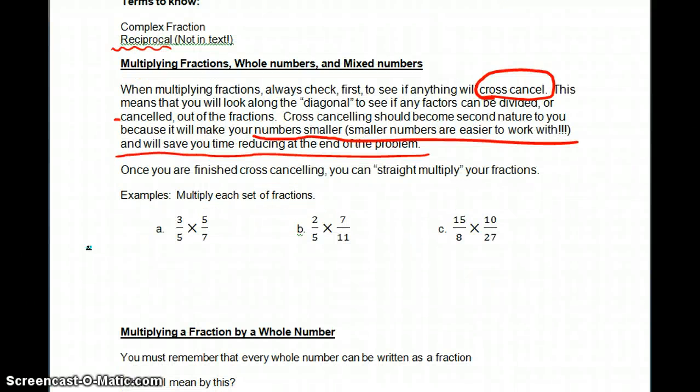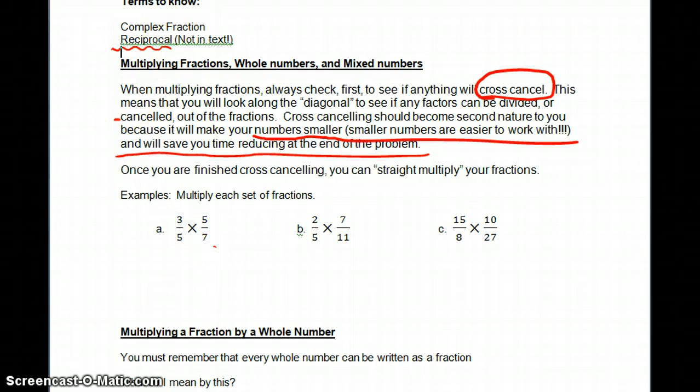Now, the first thing that you're going to do is look along the diagonals of your problems. So when you look along the diagonal, and we're looking at the 3 and the 7, is there anything that can be divided out of both 3 and 7? And the answer there is no. So since there's nothing that can be divided out of 3 and 7, we leave them as is, and now we're going to look at the 5s.